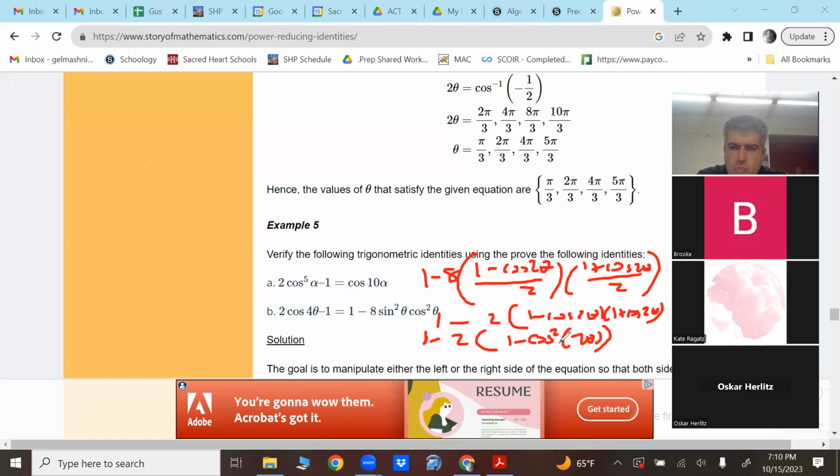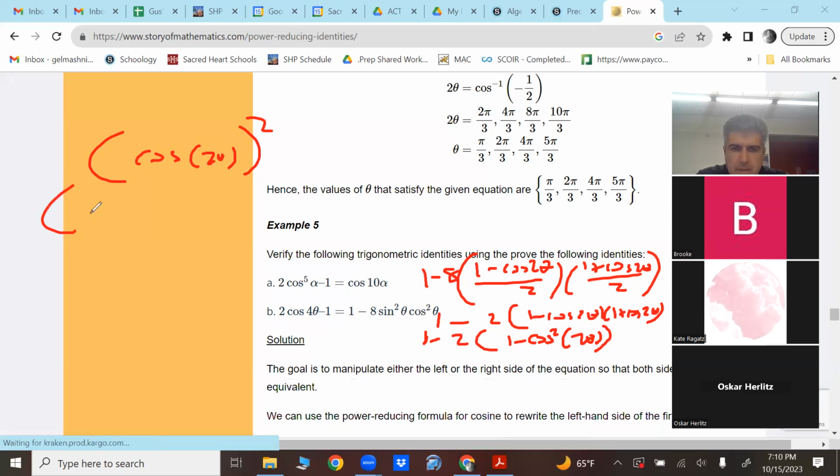Okay. And that would be, yeah, cosine 2 theta. What option could I use? So it's cosine 2 theta, and that's being squared.